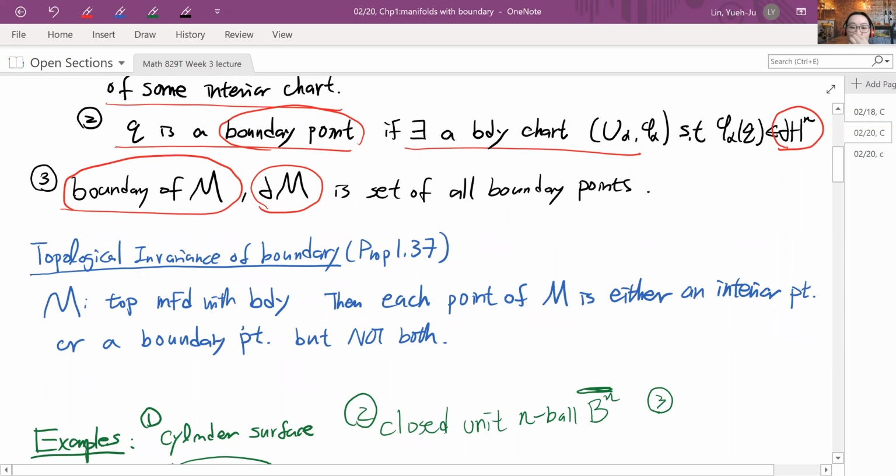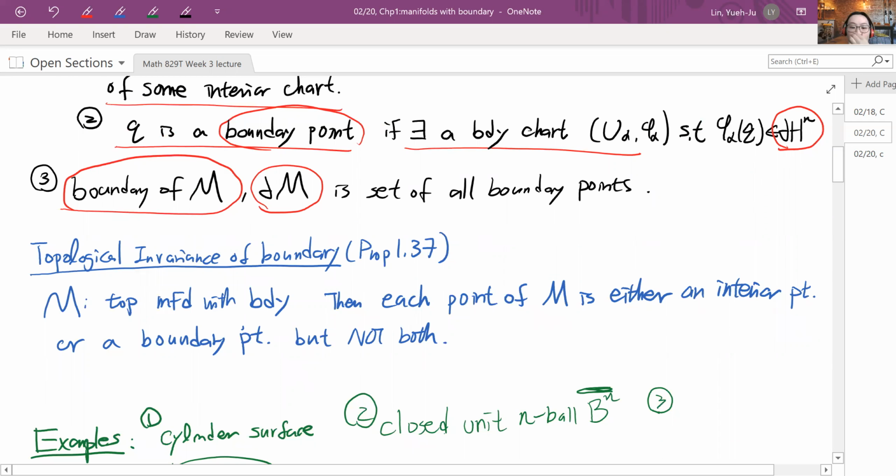If this is the case, then we say the small f is smooth. That's how we define or justify a smooth map for an open set on Rn, or for an open set on Hn, because an open set on Hn might include boundary points. So this is the treatment.